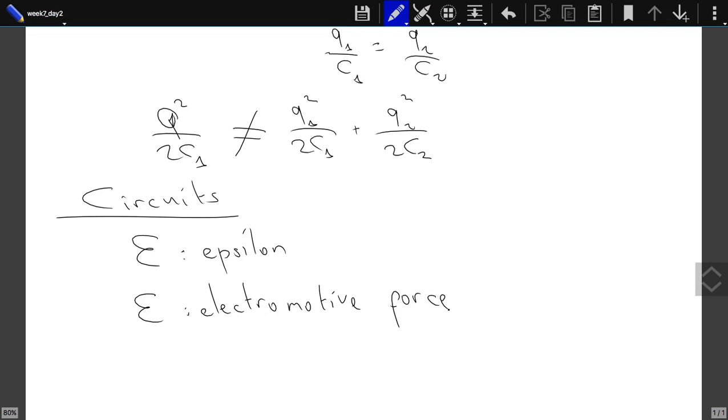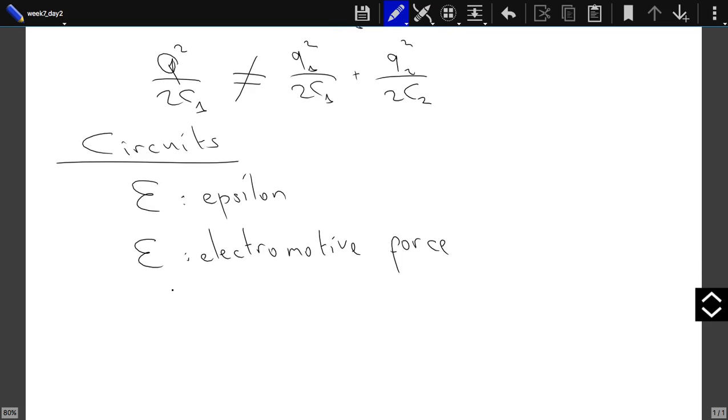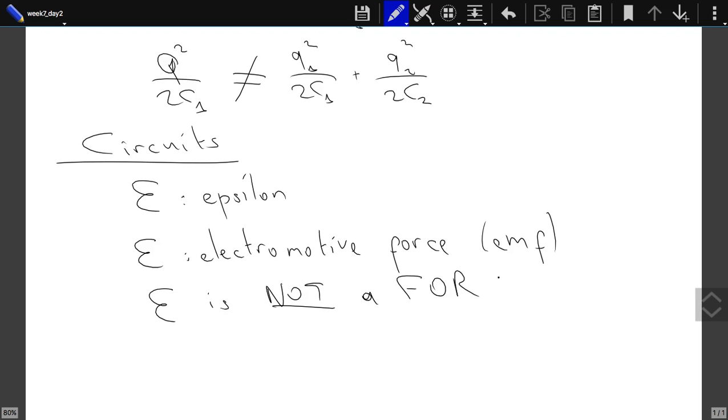But just keep in mind, this EMF is not a force. Although its name contains a force, it is not a force. Don't get confused.